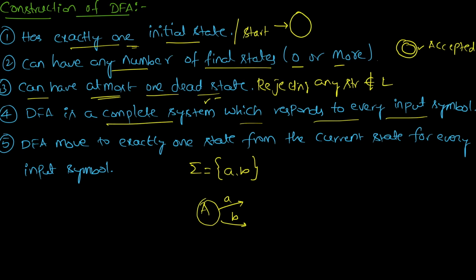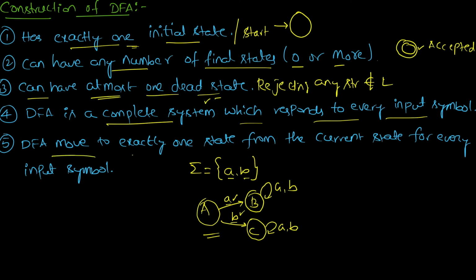On seeing A, if it reaches B, and on seeing B, if it reaches C, from here also we will have a transition on A and B. So every state must have transitions over all input symbols.